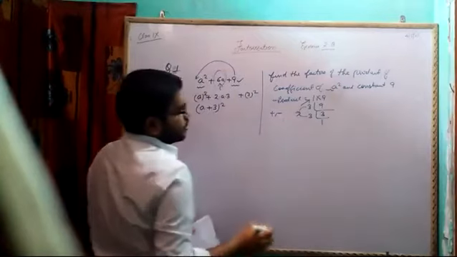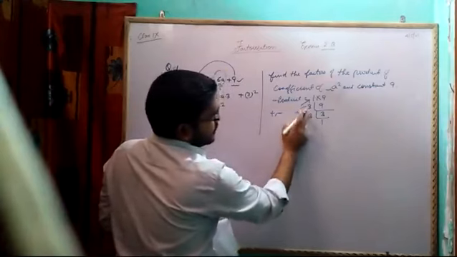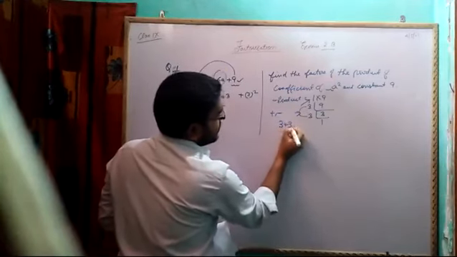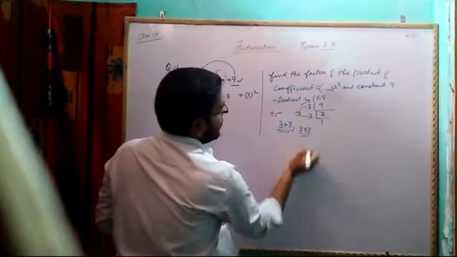That means 3 plus 3 is equal to 6, and 3 multiplied by 3 is 9.